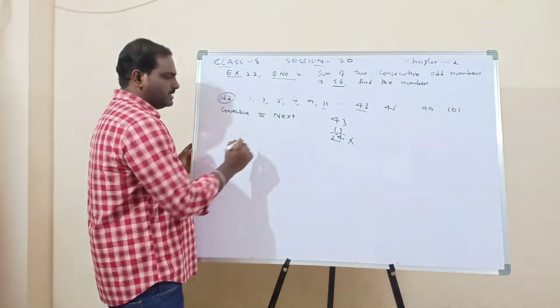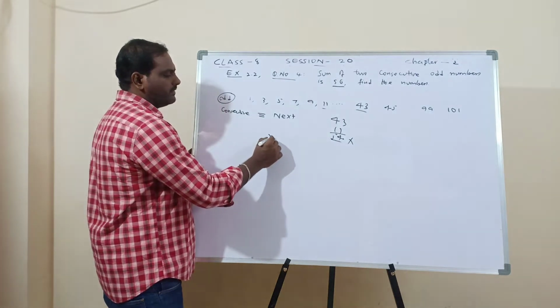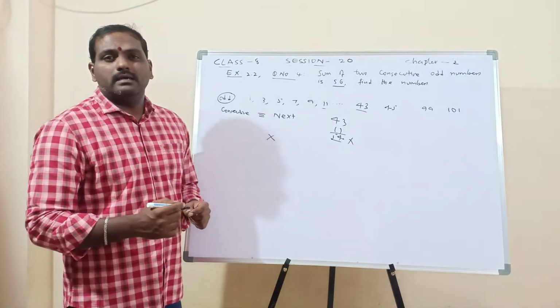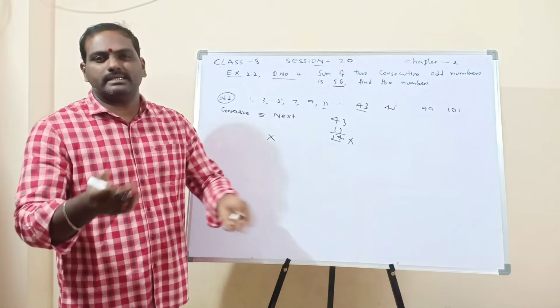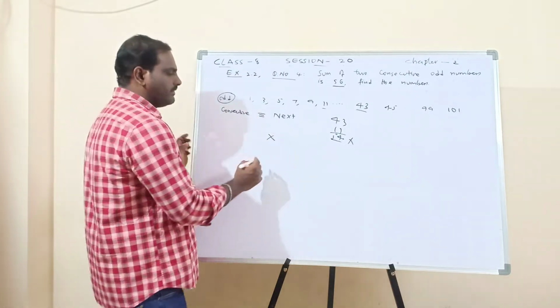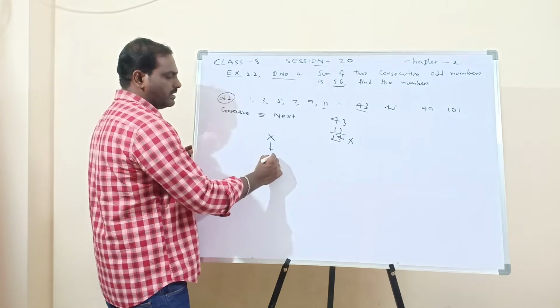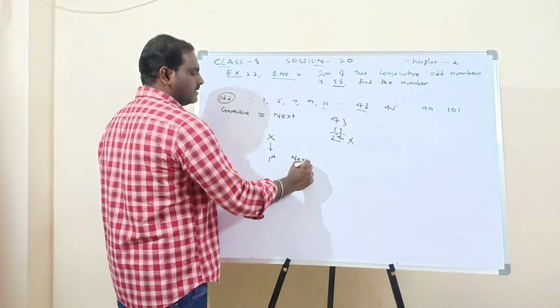So what is the trick in this case? Already we have mentioned that if we don't know the value, we will term it as x. If x is the first odd number, what will be the next consecutive odd number?